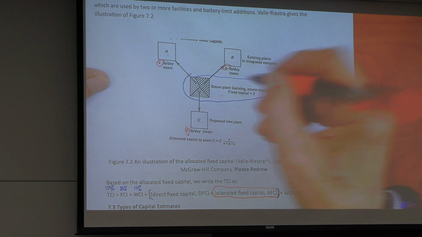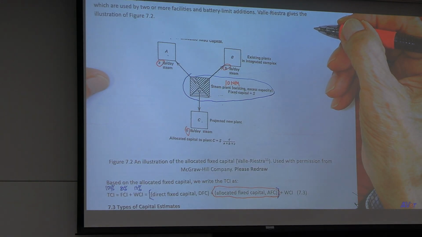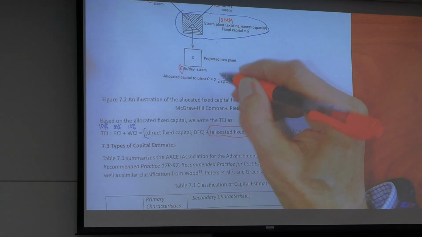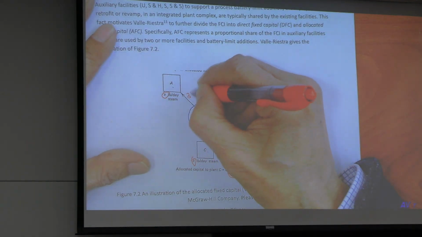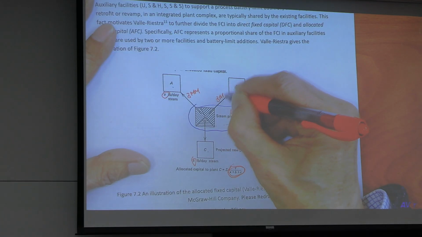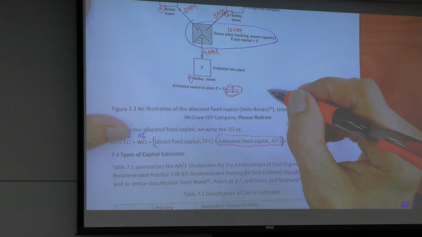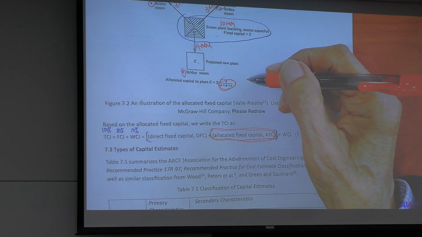If your steam plant costs $10 million to build, what will be the investment share for each facility, A, B, C? The ratio. You allocate 3 million to here, 3 million to here, 4 million to here. That's called allocated fixed capital. We don't use it in our project. We have only one retrofit.